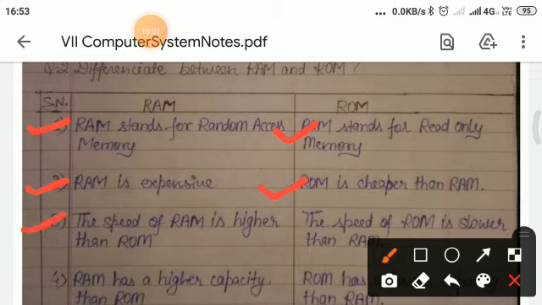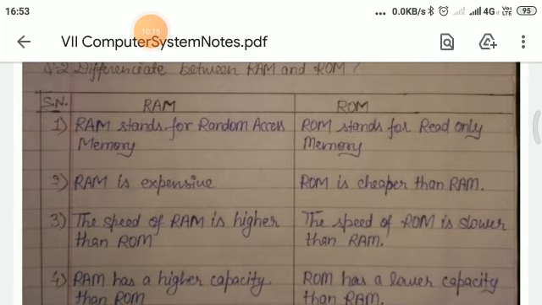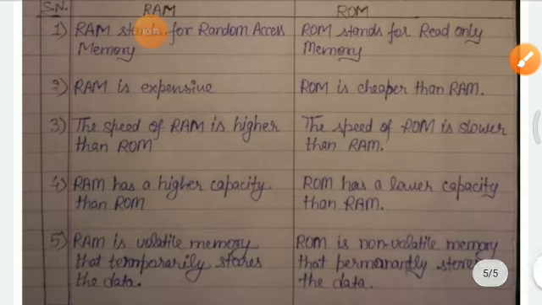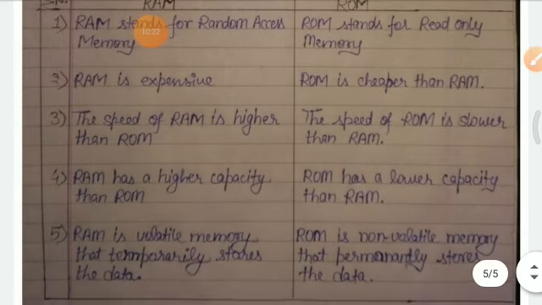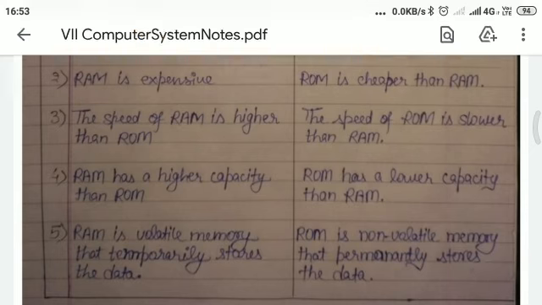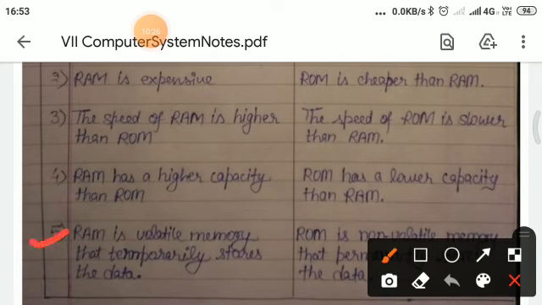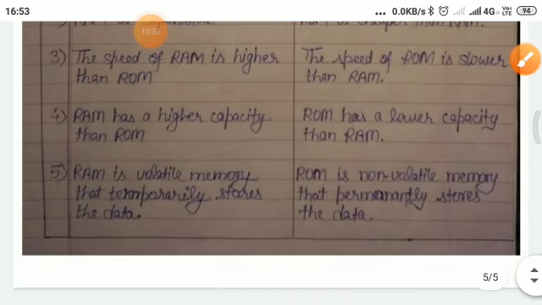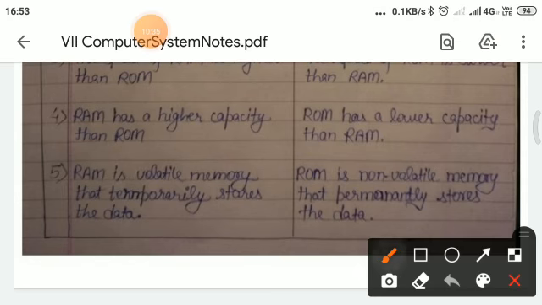And third is the speed of RAM is higher than ROM. And next is the speed of ROM is slower than RAM. And next is RAM has higher capacity than ROM and ROM has a lower capacity than RAM. And next is RAM is volatile memory that temporarily stores the data, and ROM is a non-volatile memory that permanently stores data.